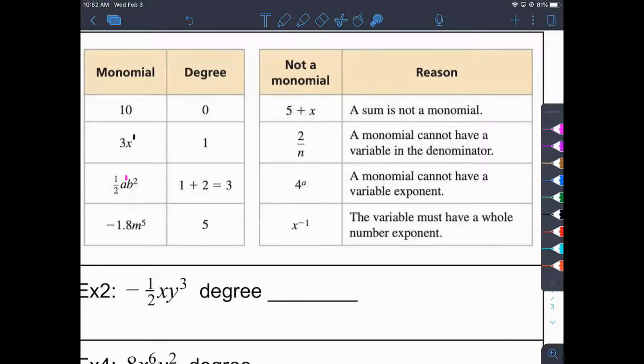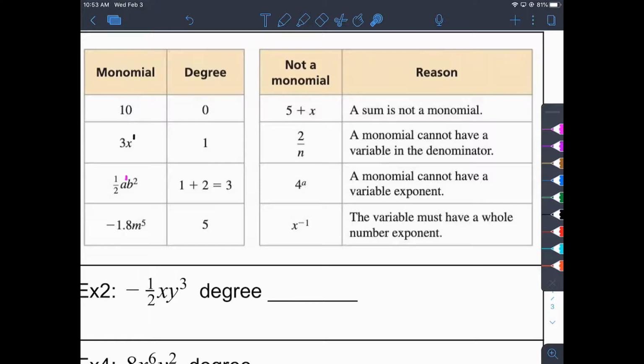Mono meaning 1. This has 2. Next, it's 2 divided by n. Now notice the detail as to why this is not a monomial. Because a monomial cannot have a variable in the denominator. So in this case, there is a variable in the denominator. It does not make it a monomial.